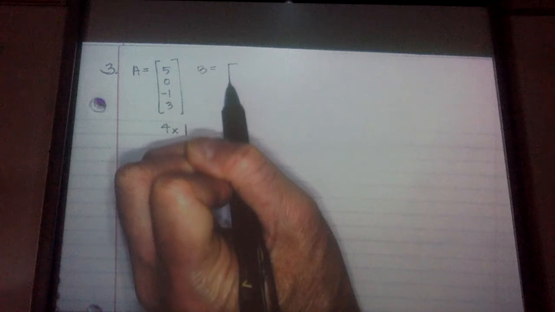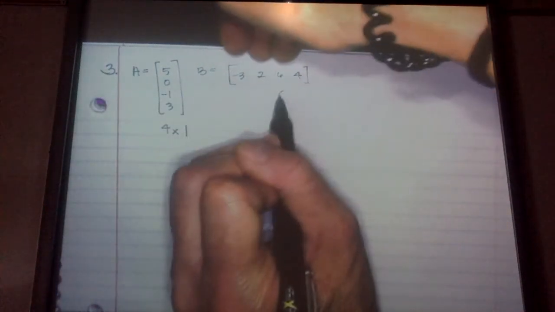And then matrix B, negative 3, 2, 6, 4. Now this has 1, 2, 3, 4, if I'm looking down, columns. If you're looking from left to right, it's only one row.